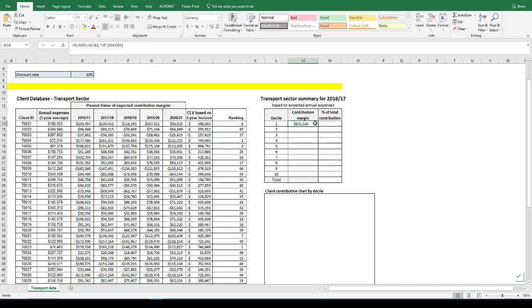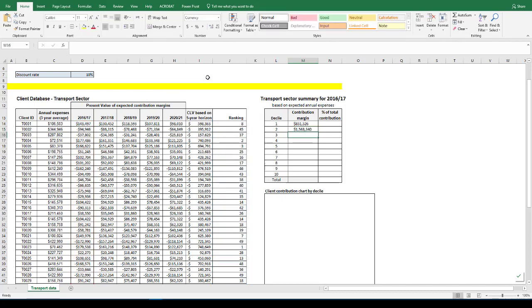But before that, I want to fix the cells because the ranking from 1 to 50 doesn't change. So I have to fix all these cells, and also the contribution margin of 2016, because the same column should be accounted for. So this is about fixing the cells, and I will use the formula for the second cell. But for the second decile, I have to change this 6 to 11. So you can find your way.